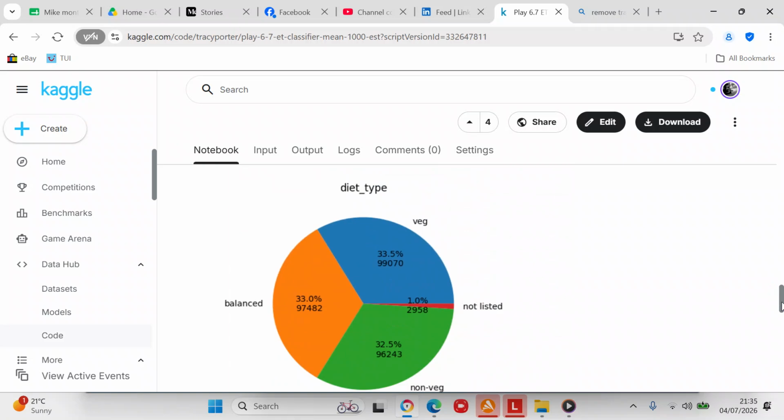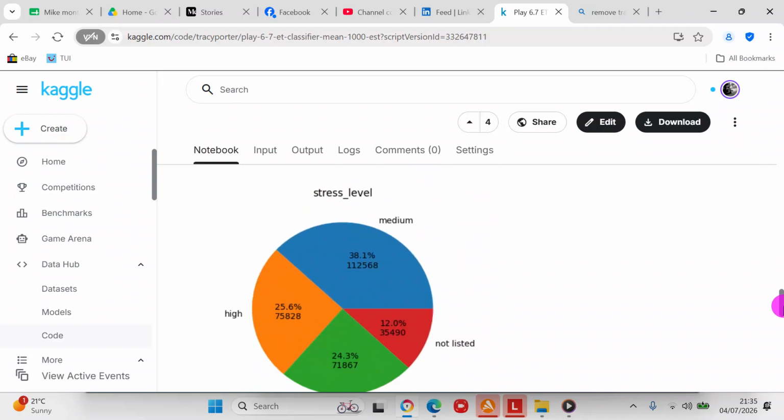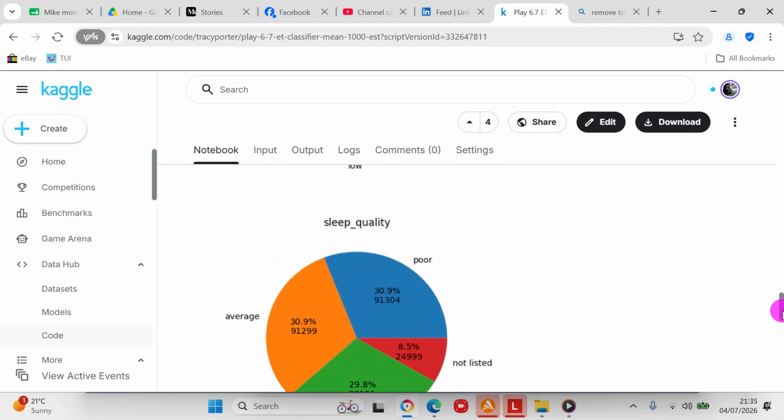And then now we talk about the diet type. And so basically in the test data frame, we had to say not listed. So you had 1% of the people weren't listed, and 33.5% of the people were vegetarian. The stress, you had 12% of the people not listed, whereas 38.1% of the people had medium stress level.